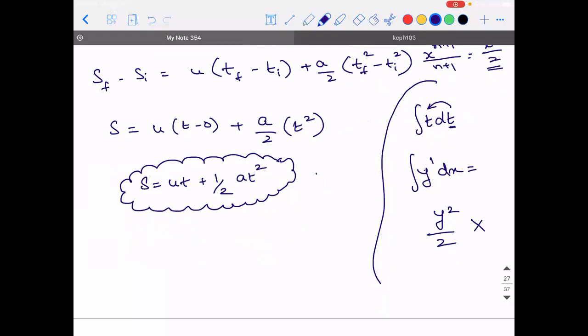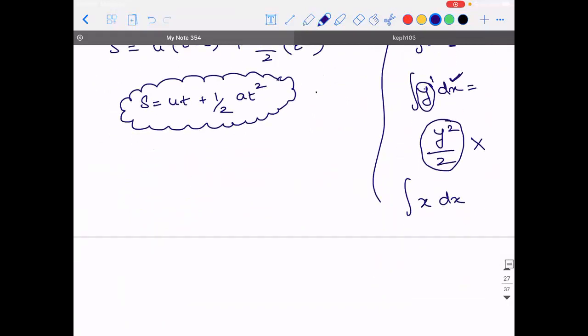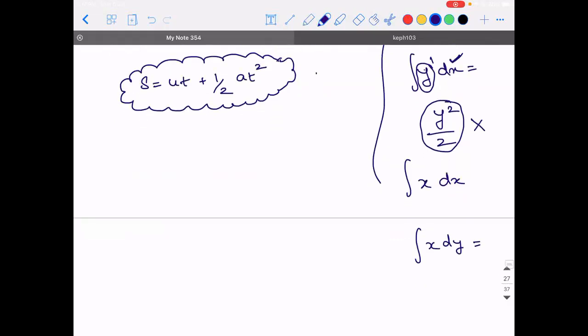Why? Because here the term that is given is y, here it is x. This formula x square by 2 would have come only if it is x with respect to x. You're able to understand? Similarly, had it been x with respect to y, do you think it is x square by 2 still?